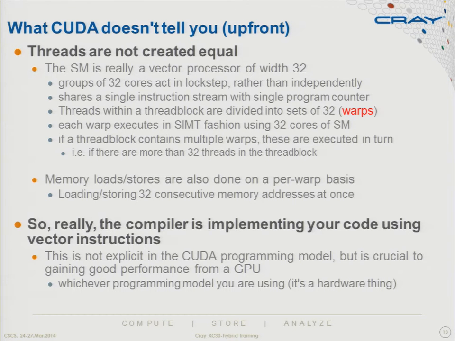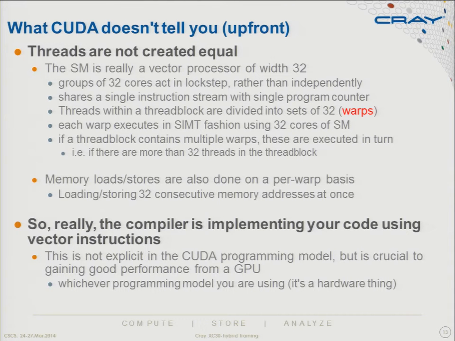If those 32 threads are processing array elements with a stride of 2, then you'll need to do 2 loads to load 64 memory elements to provide the data for 32 threads to execute the next instruction. And these memory loads are expensive. So they call this coalescing. It isn't explicit in CUDA, but it's crucial for good performance.